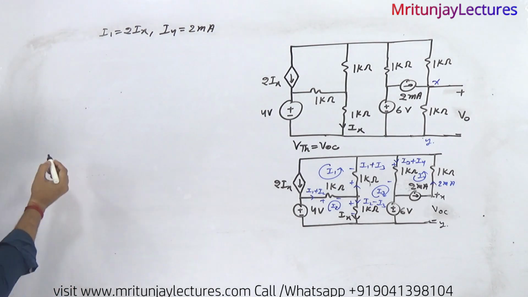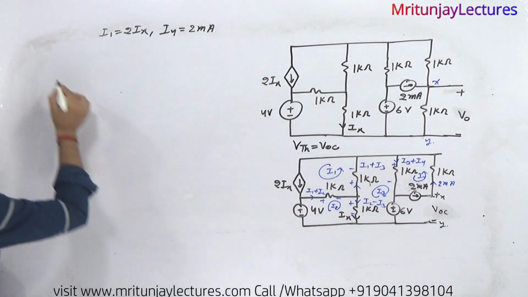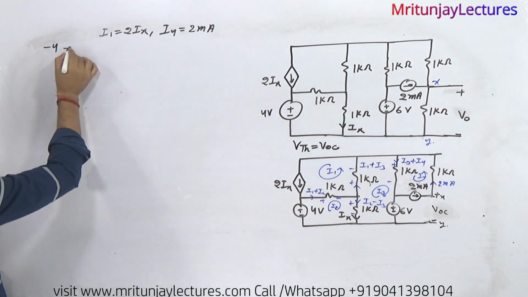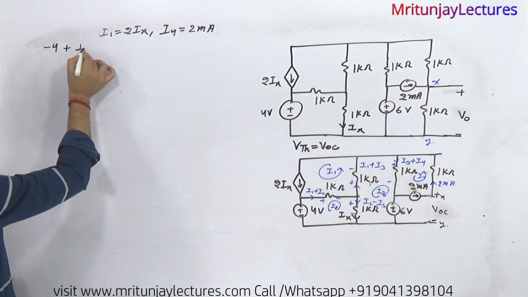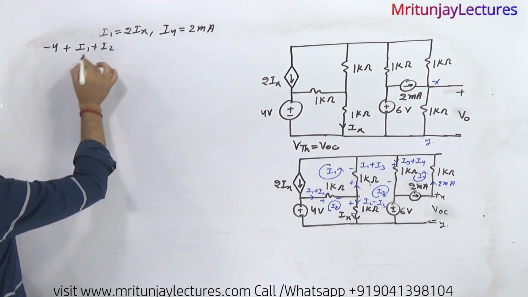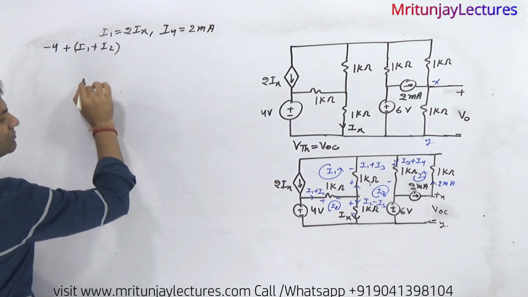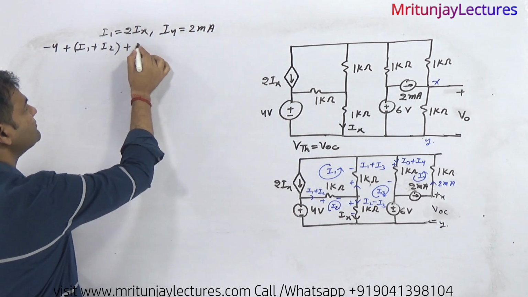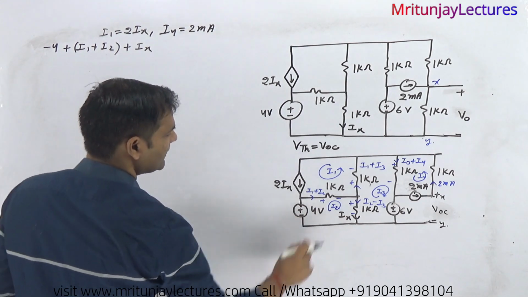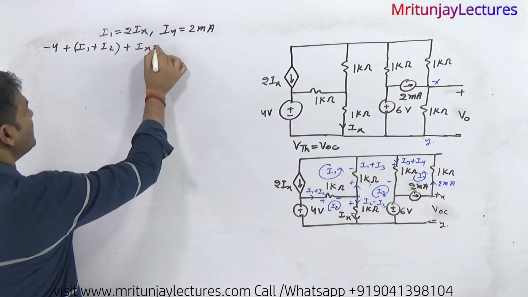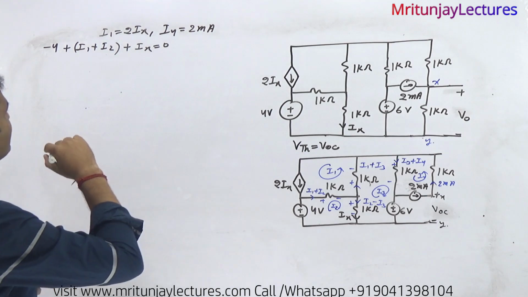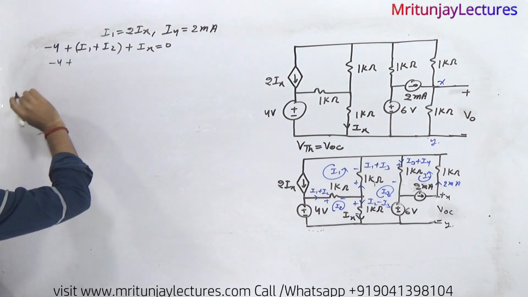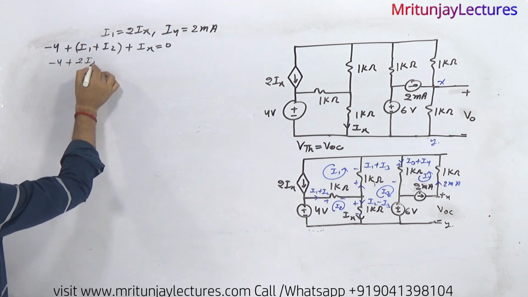Apply KVL in this loop, minus to plus: minus 4, plus to minus 1 into I1 plus I2, plus Ix, this will be equal to 0. I1 is 2Ix, so minus 4 plus 2Ix.